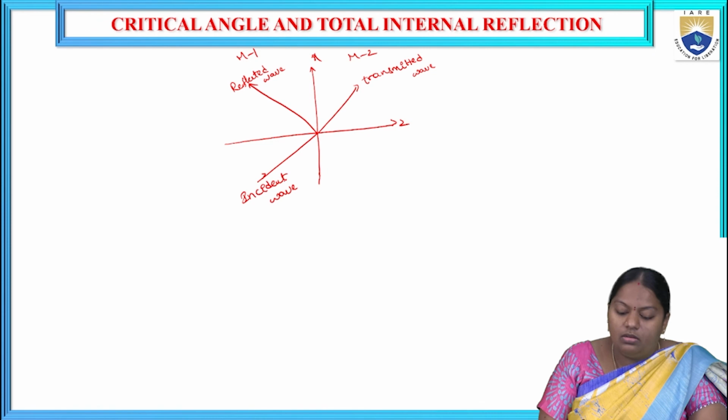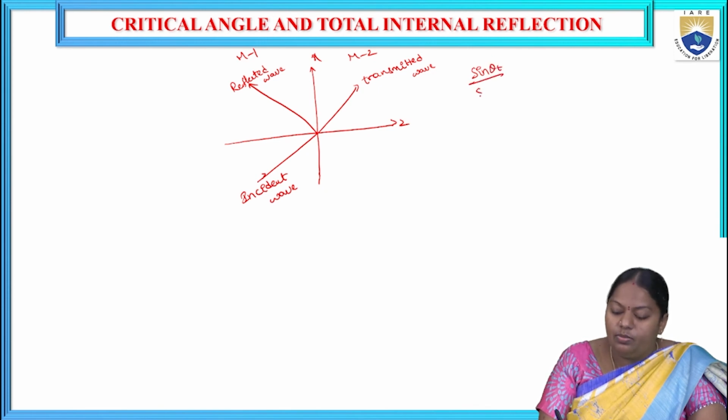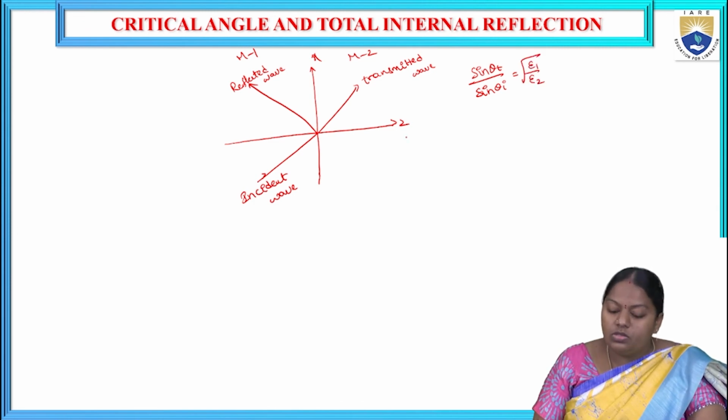In order to calculate this total internal reflection, first we have to consider Snell's law of refraction condition, that is sin theta t by sin theta i equal to, according to the densities, epsilon 1 by epsilon 2. So consider here medium 1 is more denser than that of medium 2.